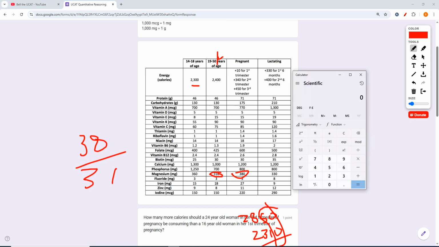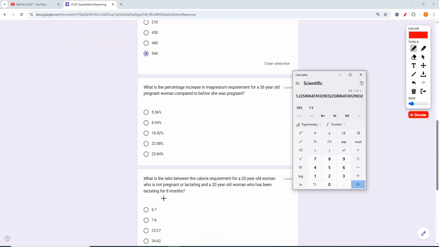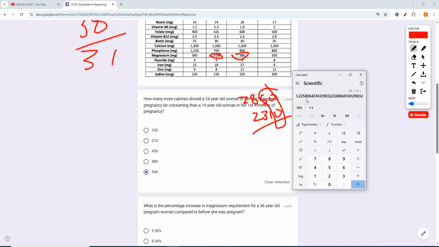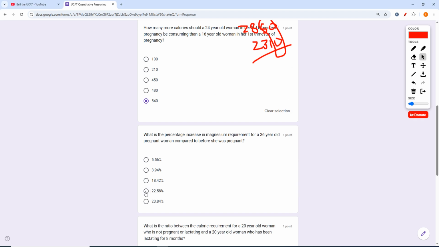So do I have the answer 2258? Ignore the 1. You got 1.2258, so I'll ignore the 1. 2258. Yes. Got it.